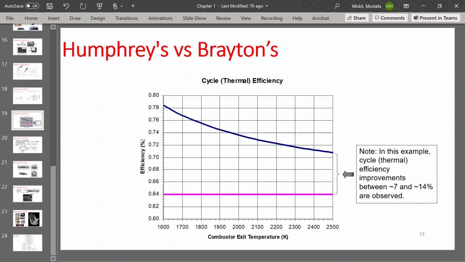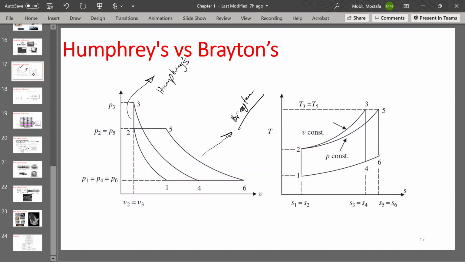Okay, let's move on. We have the efficiency difference, and the efficiency as a function of the combustor's exit temperature. So on these plots, which state is the combustor's exit state? 4. We have one vote for 4.